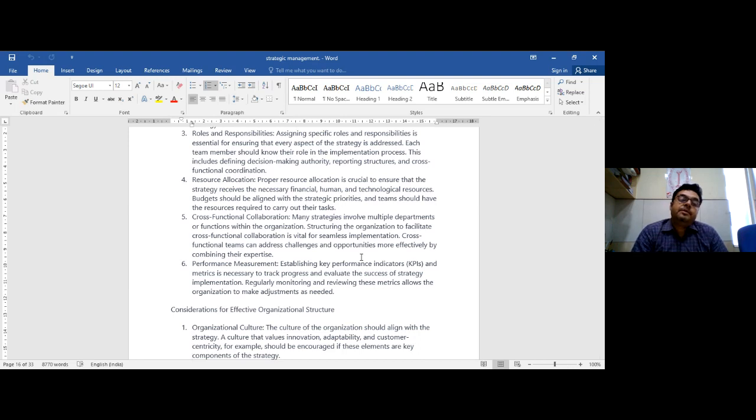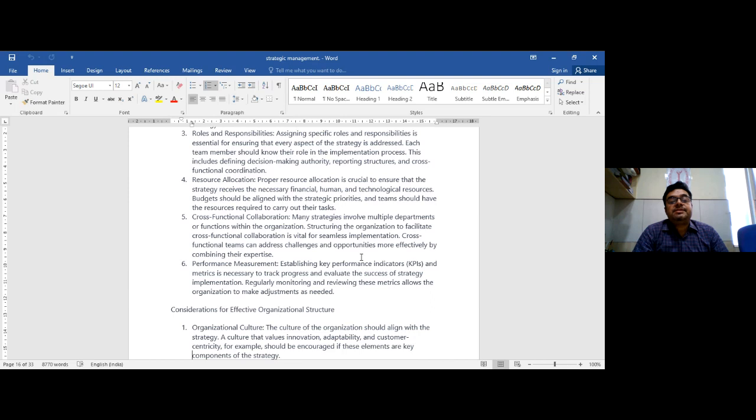Number 5, cross-functional collaboration. Many strategies involve dealing with the multiple departments or functions within the same organization, and there has to be a structuring of the organization to facilitate cross-functional collaboration that is vital for seamless implementation.